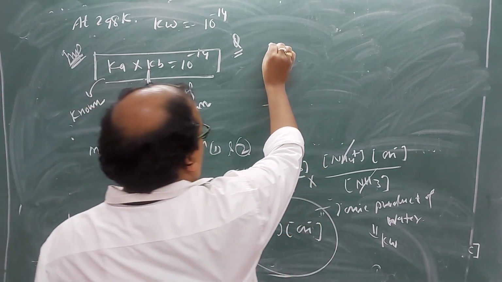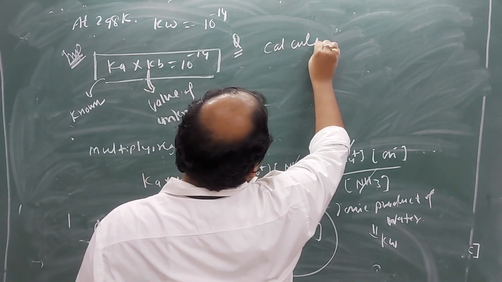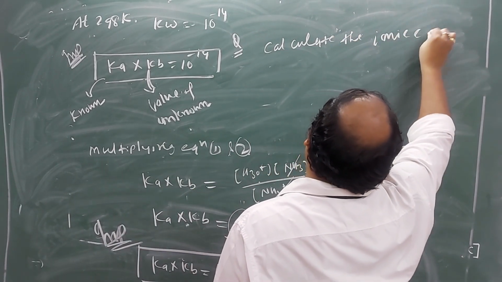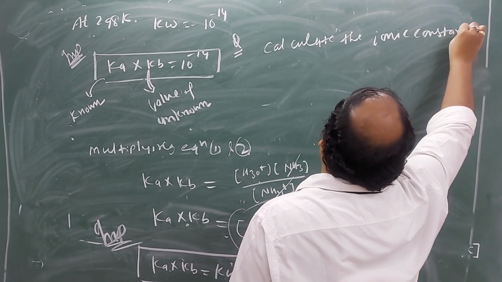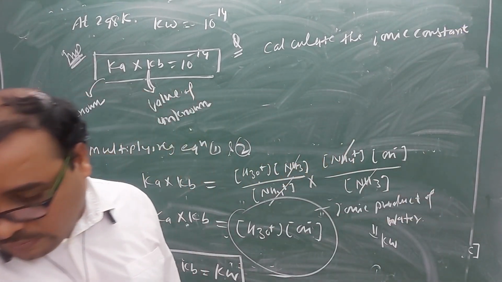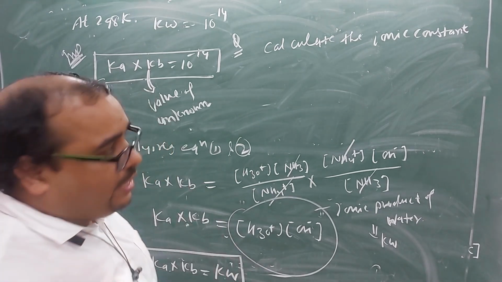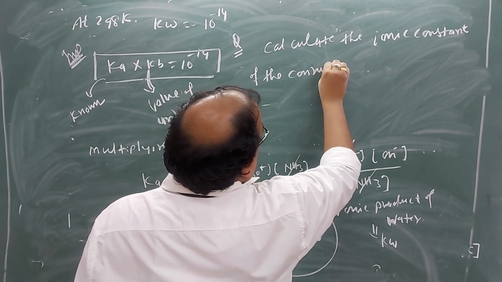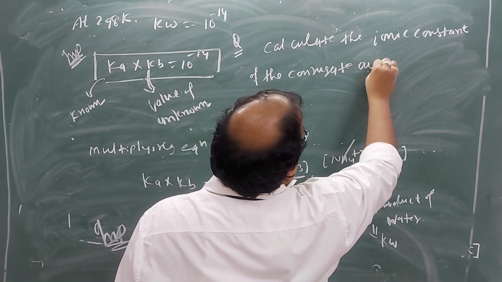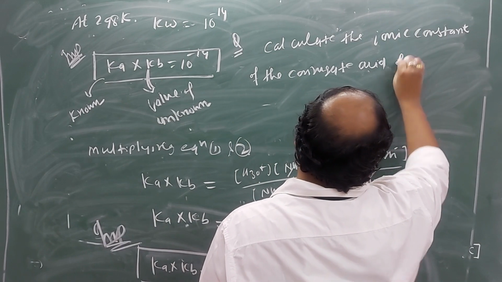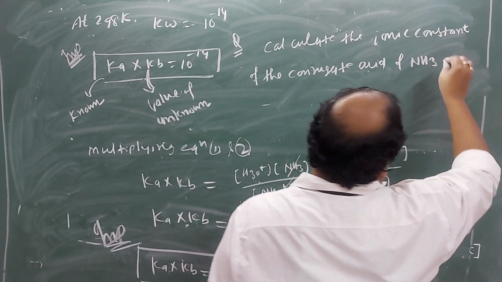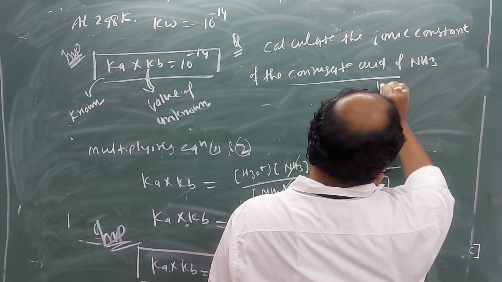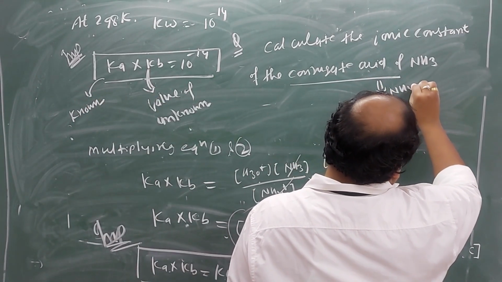Calculate the ionic constant of the conjugate acid of NH3. What will be the conjugate acid of NH3? Obviously, that is NH4 plus.